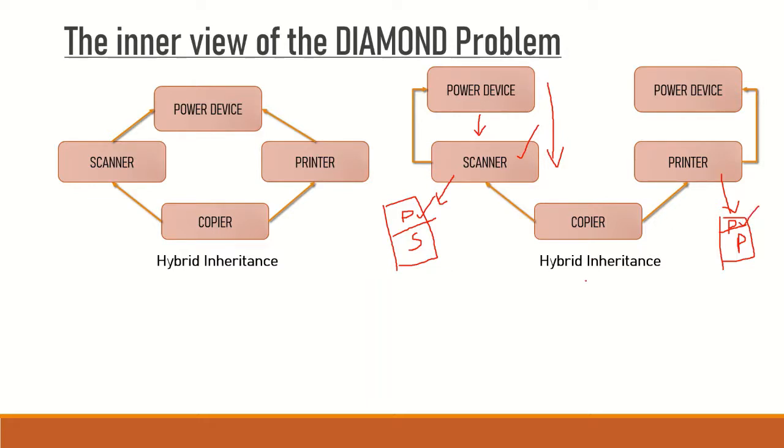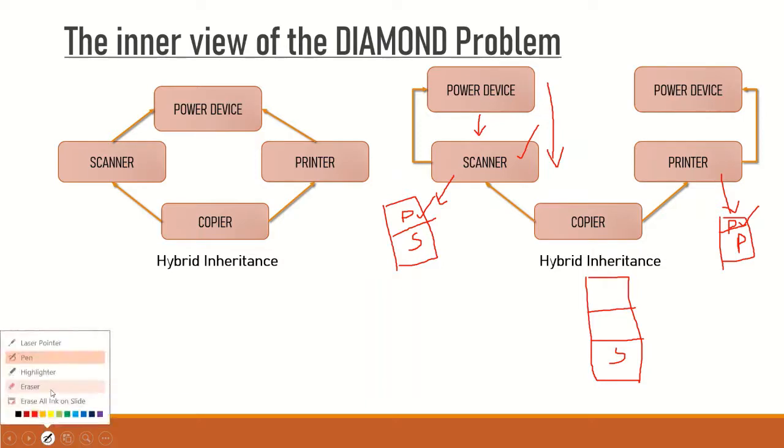So when we inherit the copier class from the scanner class and from the printer class, what will we have now? This is the scanner class object. Sorry, my mistake here. The last part is the object of the copier class.